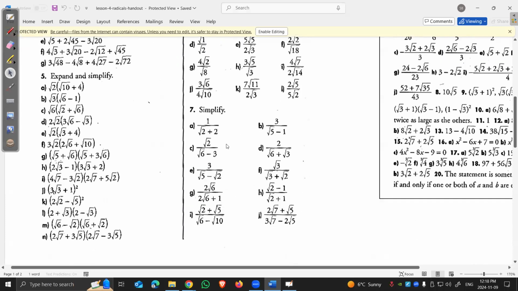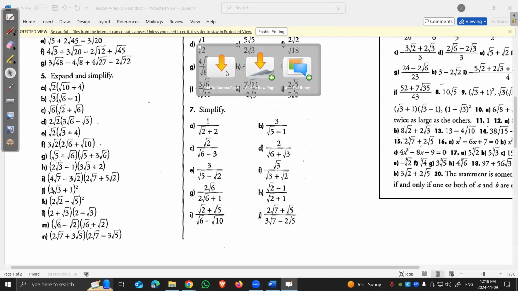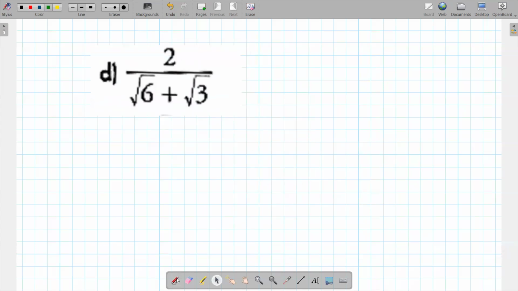Most of these are pretty simple. Let's try some of these guys. This one, the question, all it said was simplify. What could we possibly do?